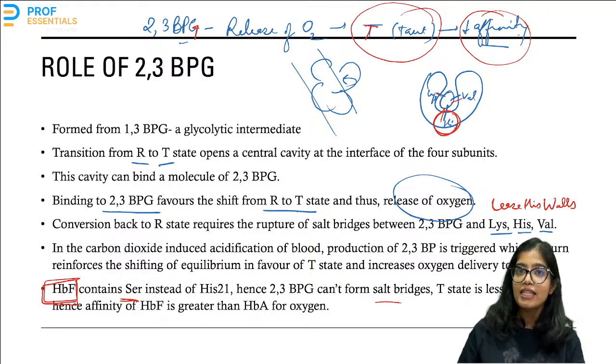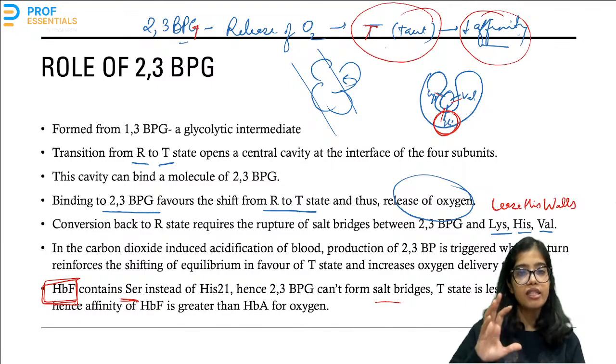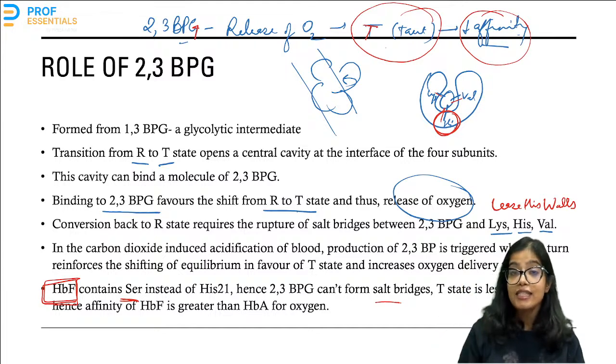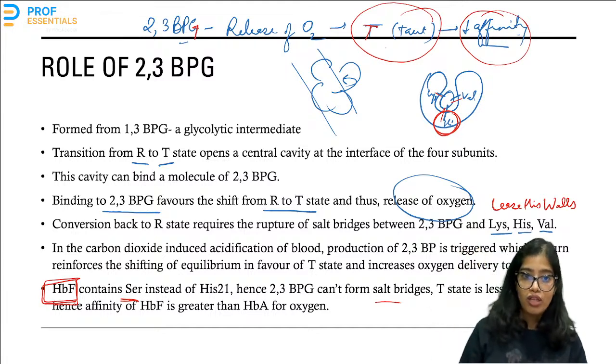Therefore, the T state of fetal hemoglobin is less stable. Because the T state has low affinity, if it is less stable, that means the R state cannot easily convert to the T state. The T state will again go back to the R state, and the R state has high affinity for oxygen. Therefore, hemoglobin F has high affinity for oxygen.